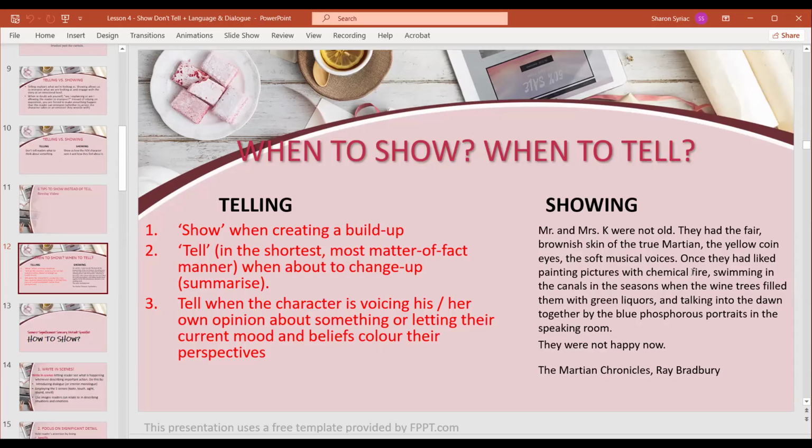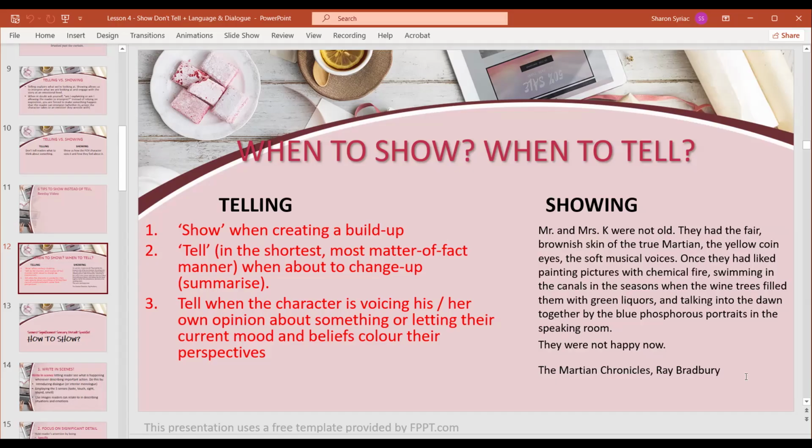Once they had liked painting pictures with chemical fire, swimming in the canals in the seasons when the wine trees filled them with green liquors, and talking into the dawn together by the blue phosphorus portraits in the speaking room. They were not happy now. The Martian Chronicles, Ray Bradbury.